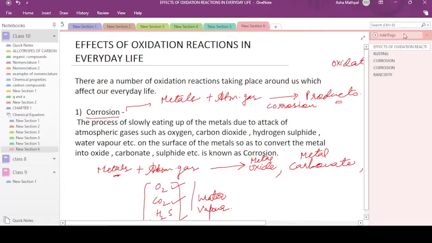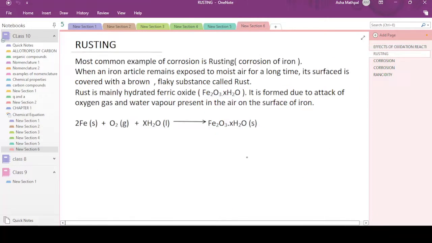Corrosion is called rusting in the case of iron. In the previous topic, I have told you that when a metal reacts with atmospheric gases, then it is called corrosion, right?